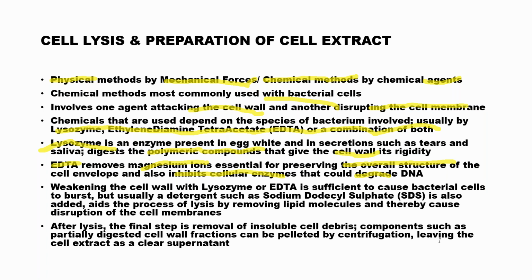Have you heard the term apoptosis? Yes. Very good. What do you mean by apoptosis? Programmed cell death, Shalini, very good. All of you know. So this apoptosis is possible when we are going for cell lysis.